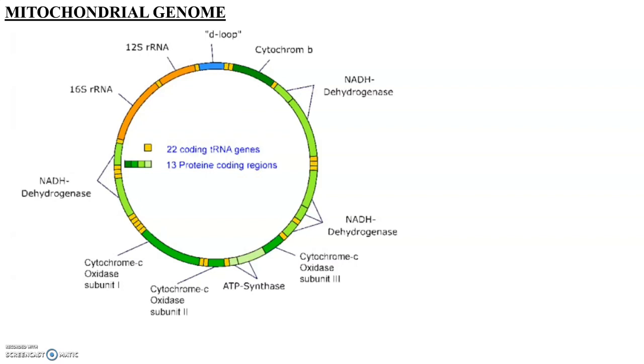The RNA and polypeptides encoded by this DNA are just a small fraction, and it consists of around 13 polypeptide subunits of the electron transport system. And it also consists of subunits of NADH dehydrogenase, cytochrome B, cytochrome C oxidase, and ATP synthase.